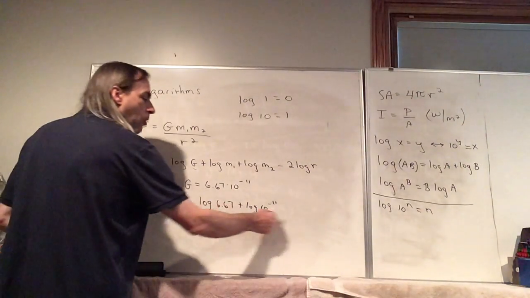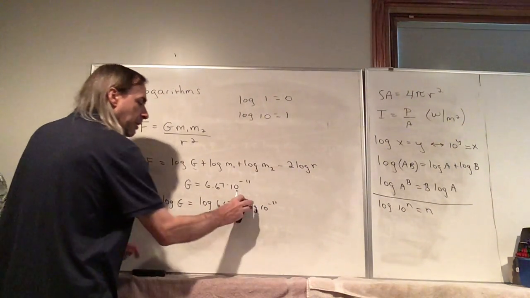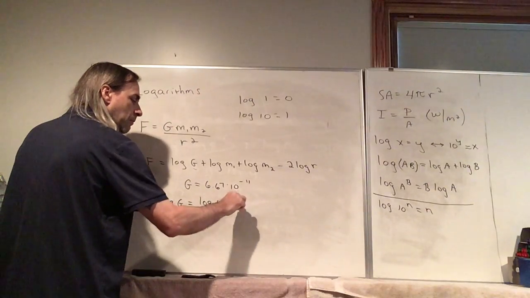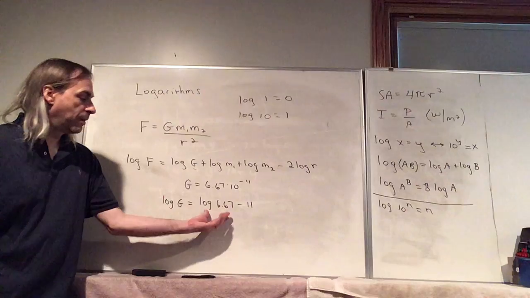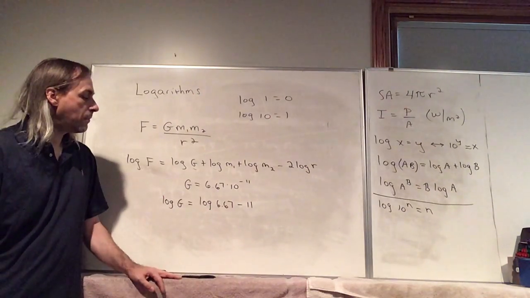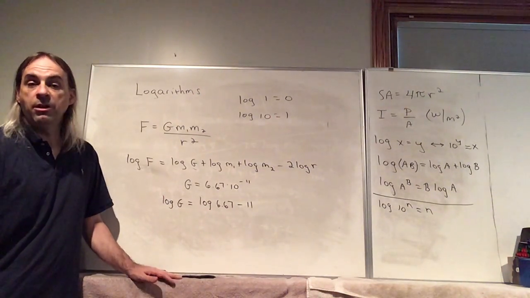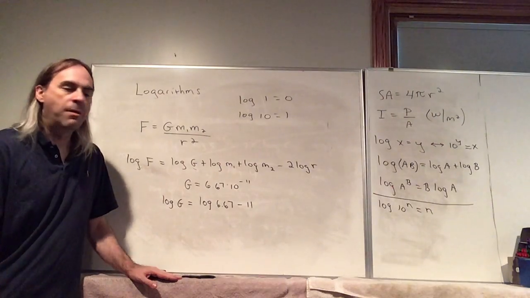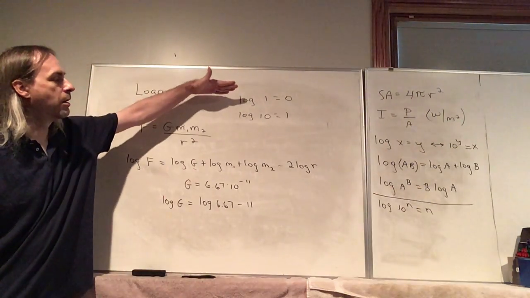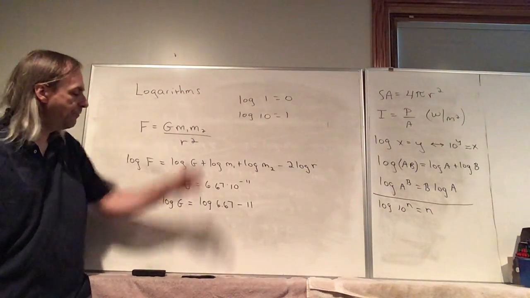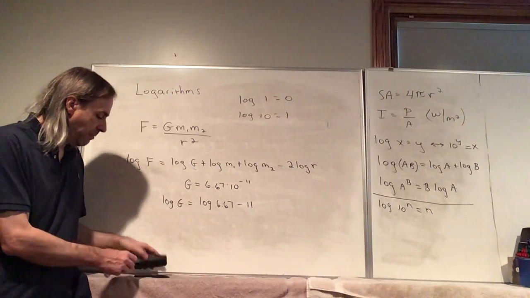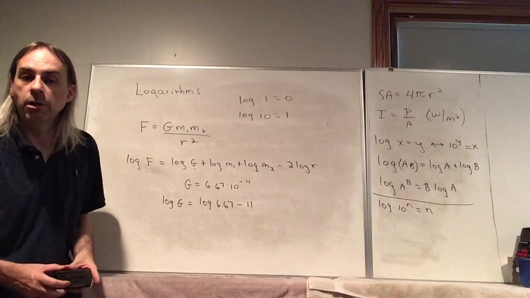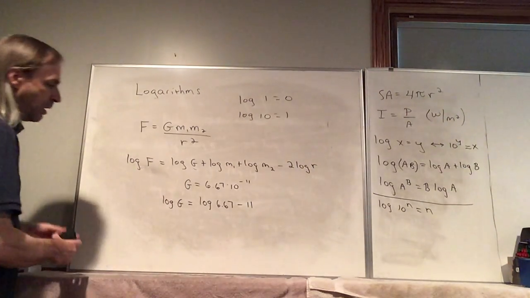So instead of writing log 10 to the minus 11, we can just say minus 11. Again, the first part is something you can find in a table. If you know the logarithm of numbers between 1 and 10, by writing things in scientific notation, you can find the logarithm of any number that you want, regardless of the exponent.